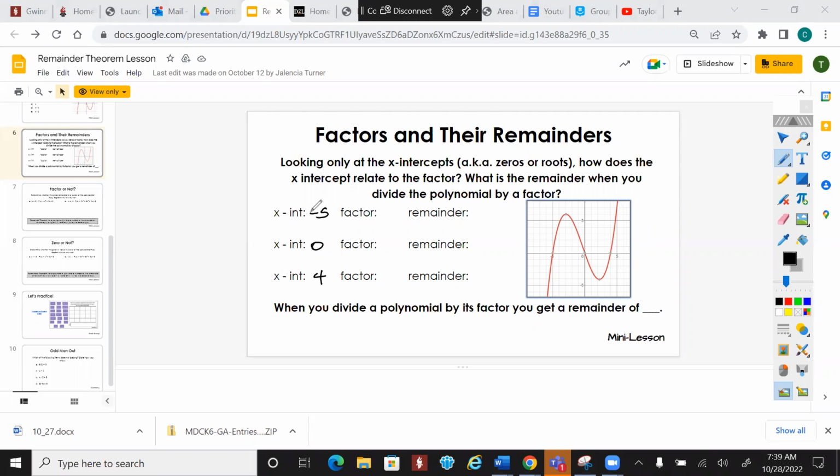How do we write these out in factored form? Remember, we switch the sign and put an x in front of it. So that's going to be x plus 5, x plus 0, or you could just say x, and then x minus 4.